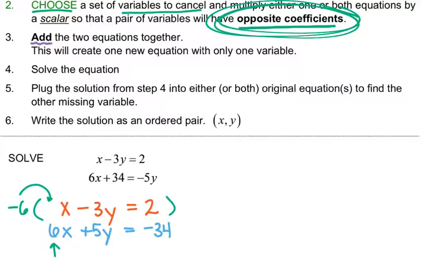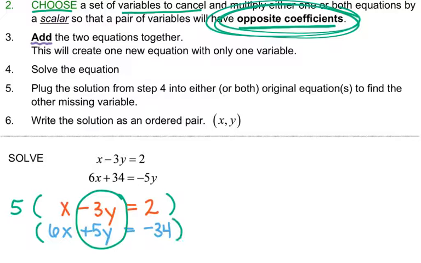Now that's not the only choice. I could have said, let's make these guys opposite coefficients. In that case, the least common multiple between negative 3 and 5 is going to be 15. So maybe multiply the top equation by positive 5 and the bottom equation by 3.